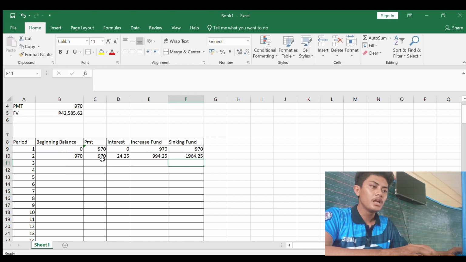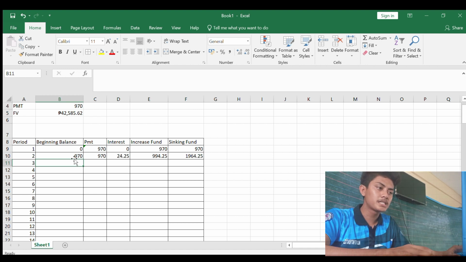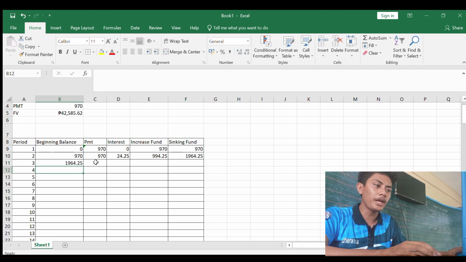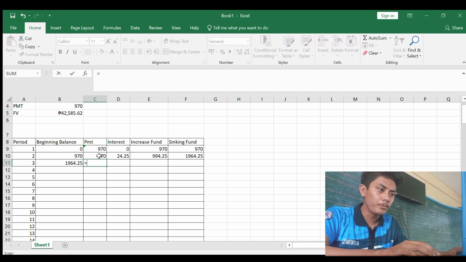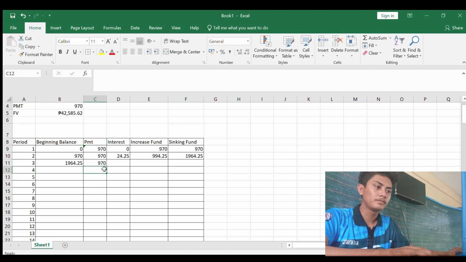Enter. So on the third period, our beginning balance now is the sinking fund of the second period. So you can just put equals, then enter the sinking fund of the second period. Since our PMT is the same, 970, you can just put a dollar sign on it. So equals, click PMT, then just put a dollar sign on it. Then enter.